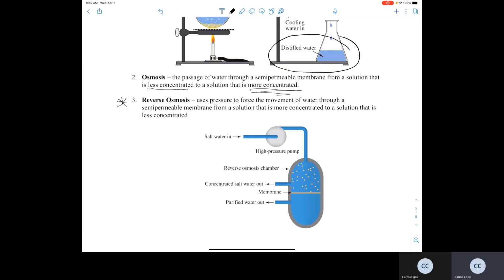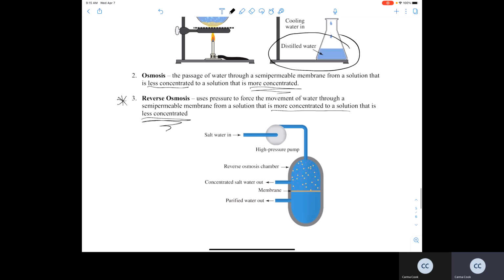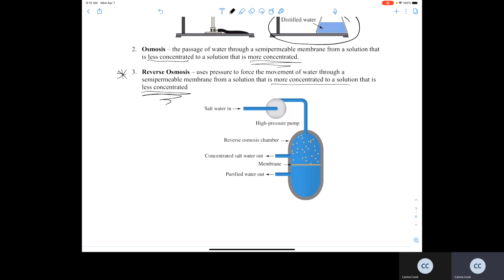Reverse osmosis, of course, is the reverse of this, in which you're moving water from an area that is more concentrated with impurities to being less concentrated, and therefore having no impurities. And this is a picture of the reverse osmosis process. And that brings us to the end of part 4B.